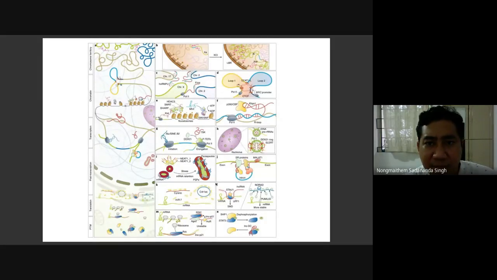As we talked about, at the chromatin organization state, Xist RNA mediates the binding of certain factors and the lamin proteins and allows the condensation of the X chromosome around the nuclear periphery and inactivates the X chromosome. That is the first level.